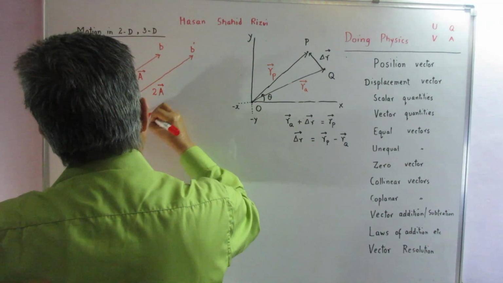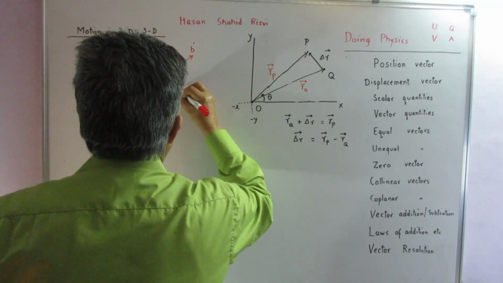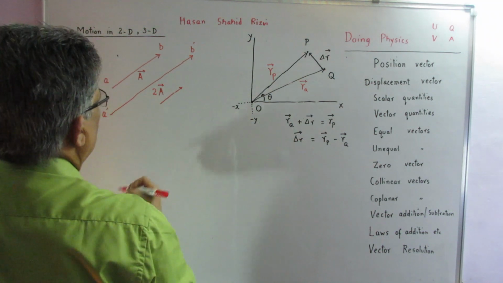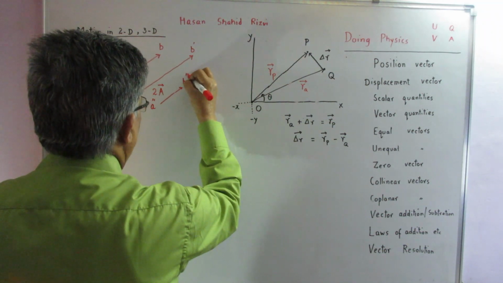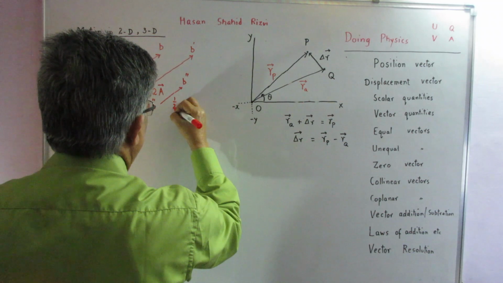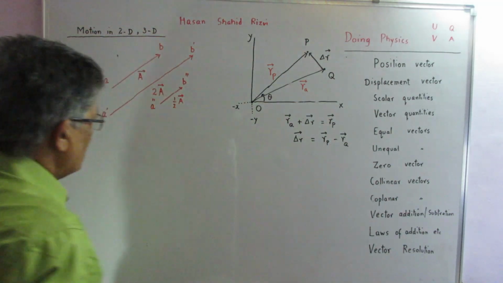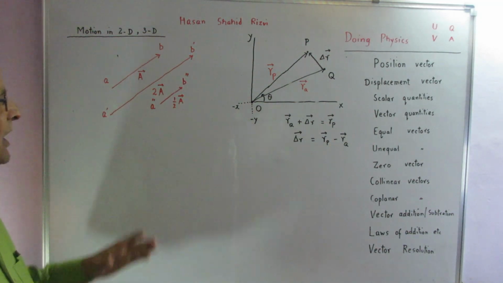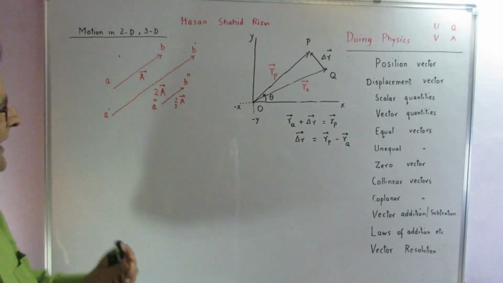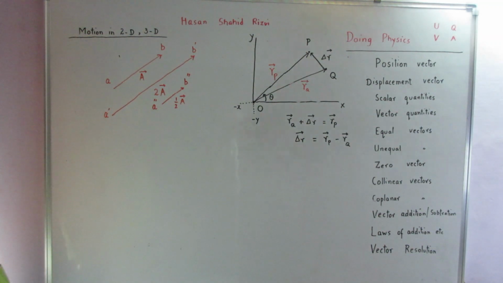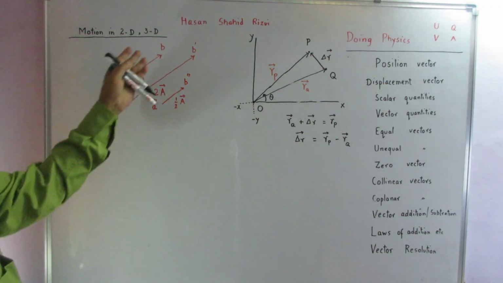Similarly, if I have a third vector of the same variety, from A double prime to B double prime, I call this vector half multiplied by A. With that numerical example, I am saying that the point of start in the three vectors is immaterial, and the point of end is immaterial.